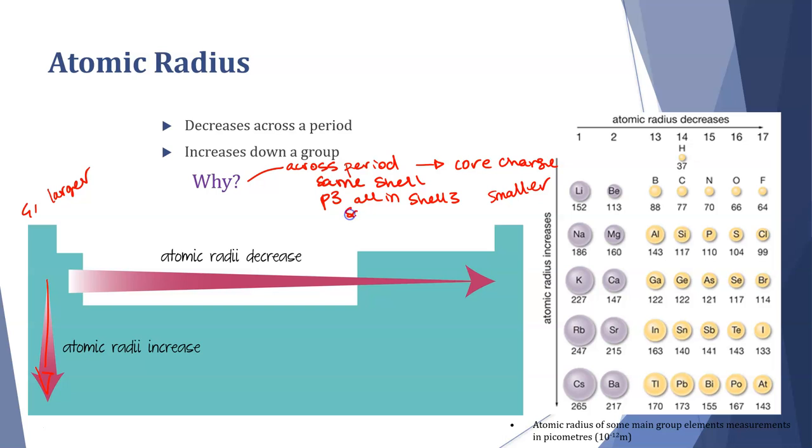So they're the same distance from the nucleus, but we have increasing core charge because as we are adding in one new proton for each step across the periodic table, we're increasing the attraction of the nucleus, but the valence shell electrons are all going into the same shell, so the core is the same, so we have an increase in core charge.